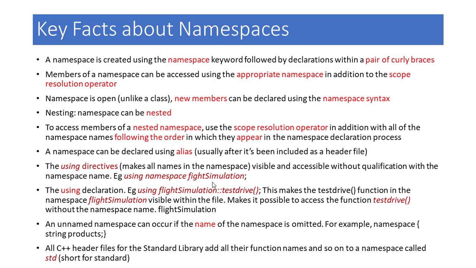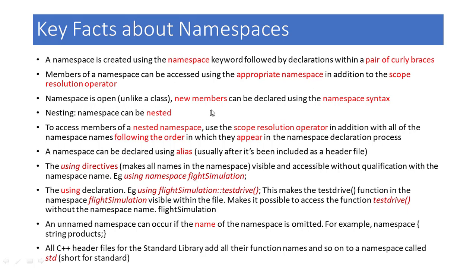We have talked about many things concerning namespaces. Here are some key facts about namespaces. A namespace is created using the namespace keyword followed by declarations within a pair of curly braces. We saw that in action. Members of a namespace can be accessed using the appropriate namespace in addition to the scope resolution operator. Namespace is open.